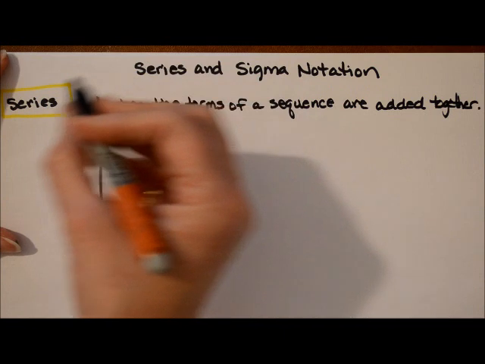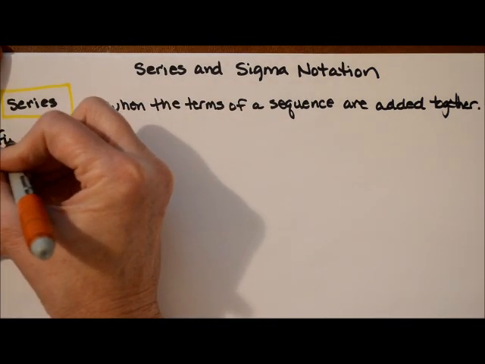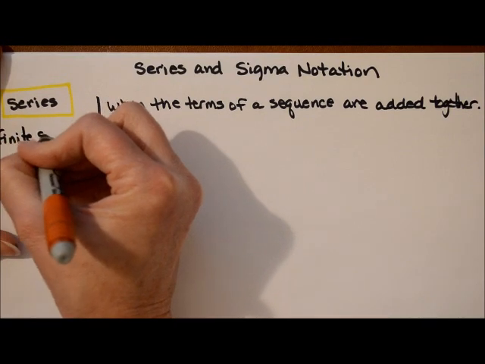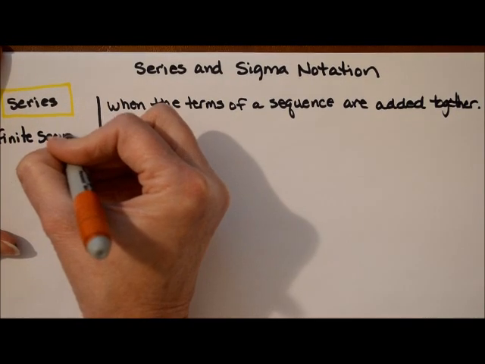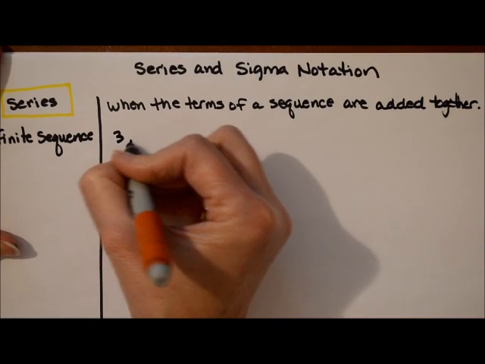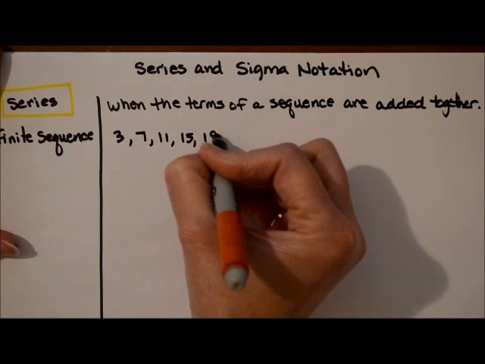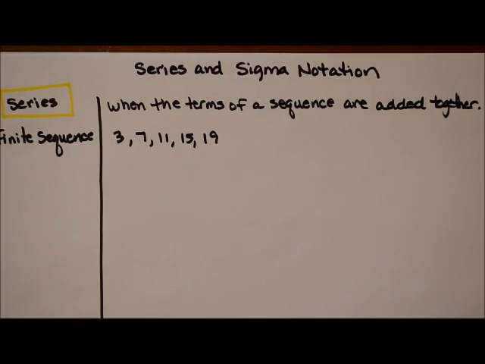So there is something we call a finite sequence. And a finite sequence would look like this: 3, 7, 11, 15, and 19. So finite just means that it ends.